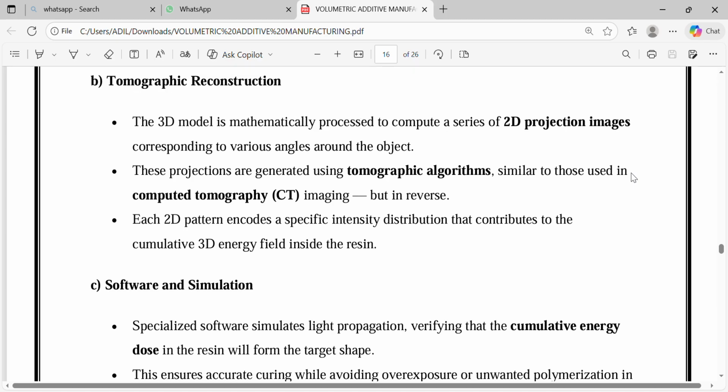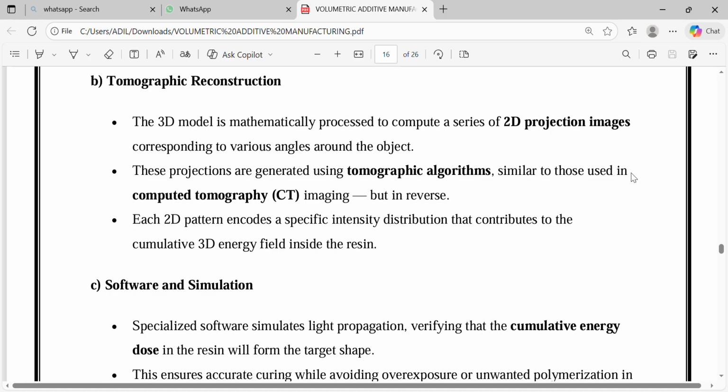Tomographic reconstruction. The 3D model is mathematically processed to compute a series of 2D projection images corresponding to various angles around the object. These projections are generated using tomographic algorithms similar to those used in computed tomography imaging but in reverse.